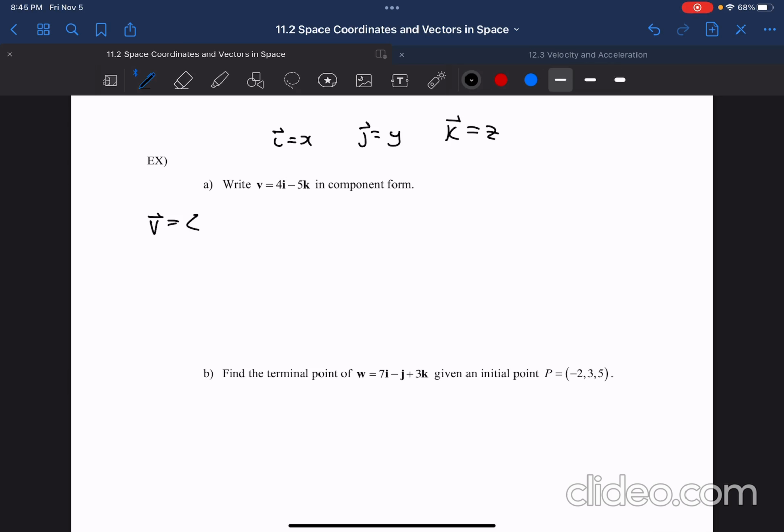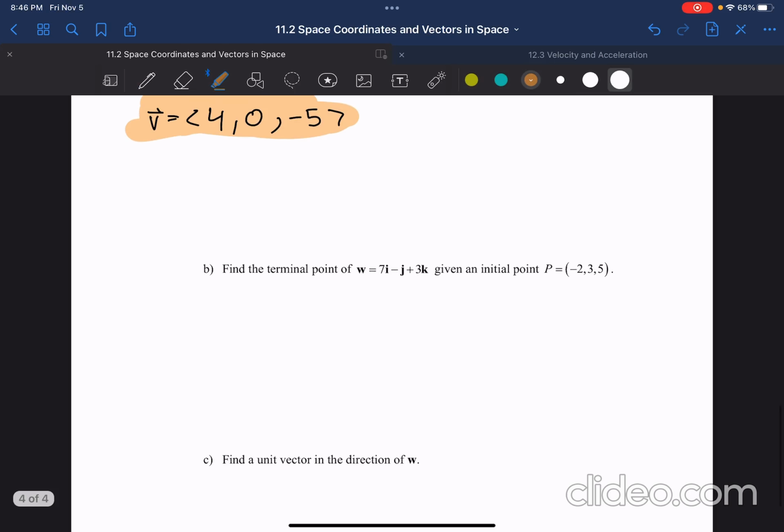So what you want to do, 4i, which is 4 in the x direction. So the first component would be a 4, which is x. Comma, there's no y here, so 0. And then negative 5k, which is negative 5 in the k direction, would be minus 5. That's pretty much it for this one.